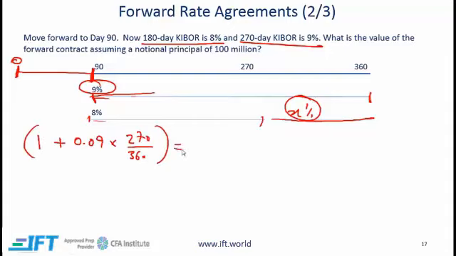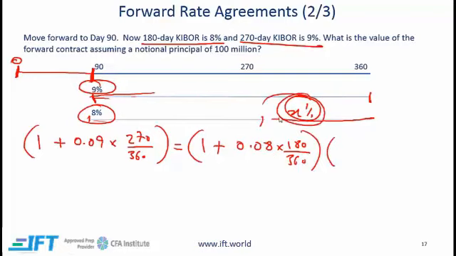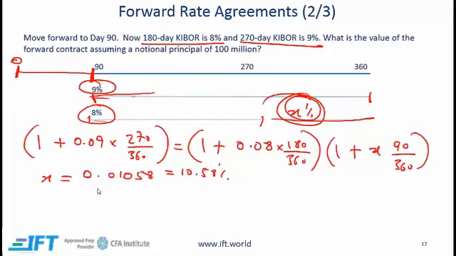This needs to be equal to the 8% number, 1 plus 0.08 into 180 over 360 multiplied by, now X is the new forward rate given the lower interest rates. So 1 plus X into 90 over 360. What you should get is 0.01058 or approximately 10.58%.